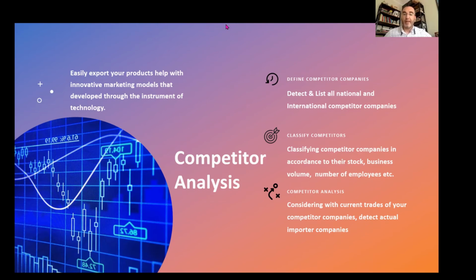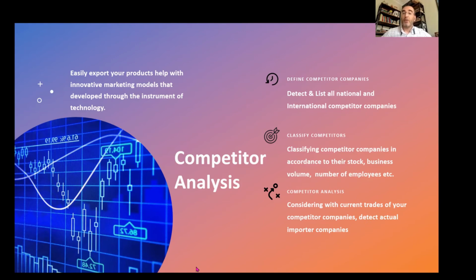With help of our real-time databases, we can index all our competitor companies' trade traffics. And after we detect these traffics, then we are indexing all our potential customers in the world, because we know that if our competitor company could start a business with them, then we will have a chance to give a proposal to them to maybe start another business with them.